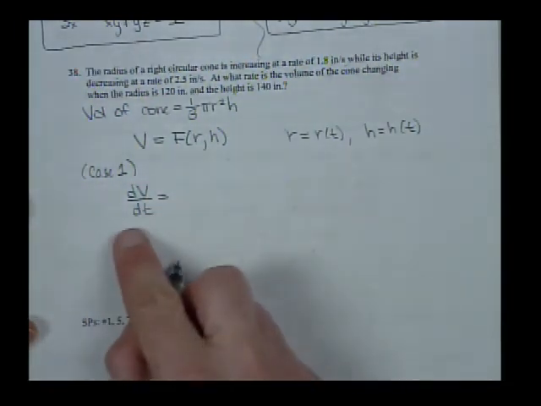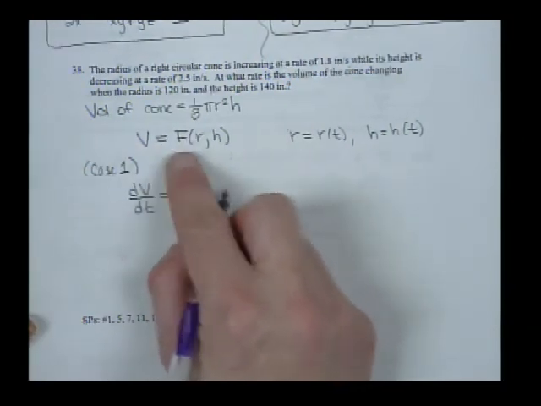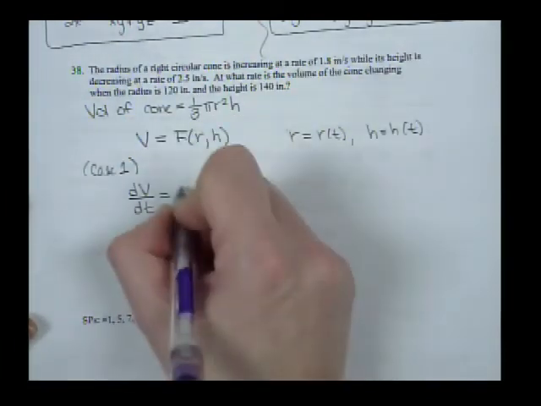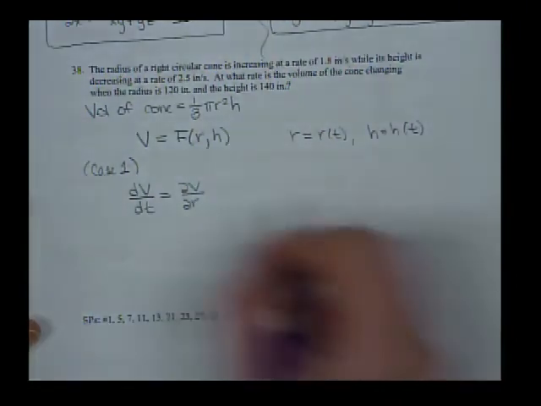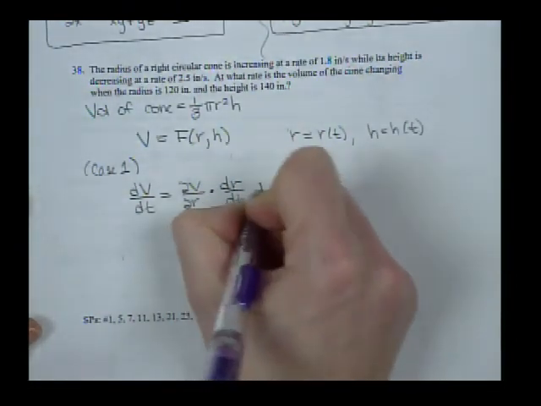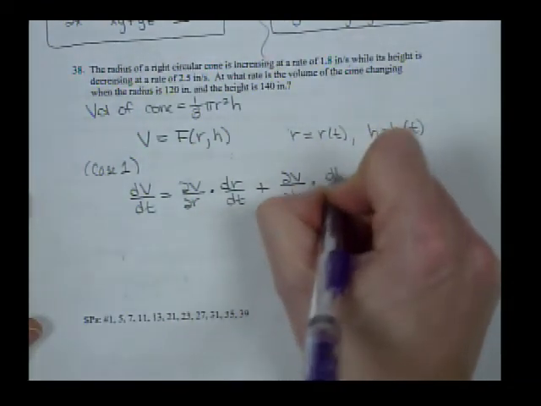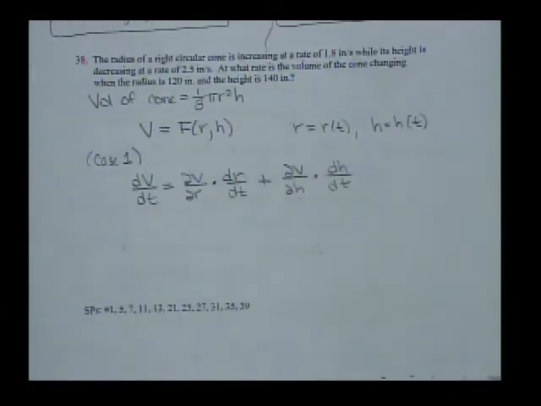And then it would be, I'm not going to use f, I'm just going to use V. So it'd be the partial of V with respect to r. You could write an f there too, that's fine. And then times dr/dt. Plus the partial of V with respect to h, and then times dh/dt. We're asked to find the rate of change of volume. So dV/dt is what we're trying to find.